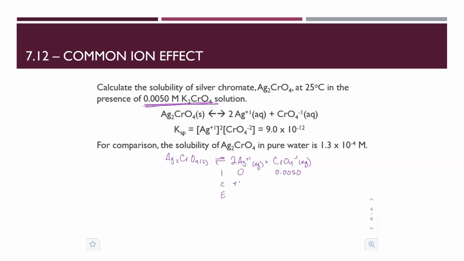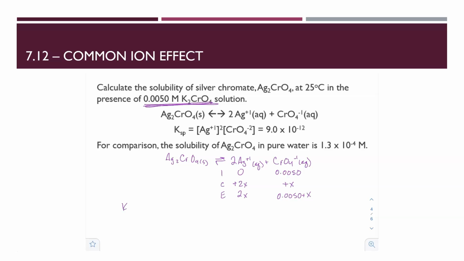Our change, we are going to increase by 2x for our silver ion concentration, because it has a 2 coefficient, and we're going to increase by x for our chromate ion because it has a 1 coefficient. So at equilibrium, our concentration of silver ion will be 2x, and our chromate ion will be 0.005 plus x.